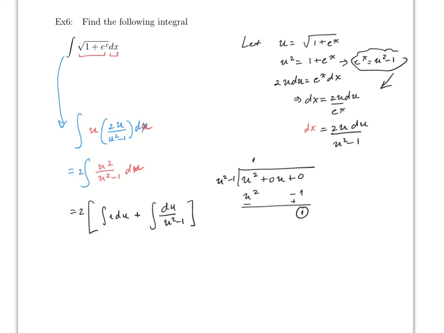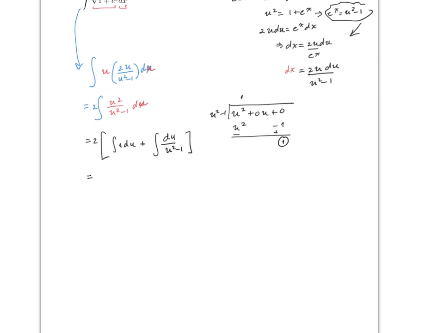Well, clearly, the first one is straightforward. This will be just 2u plus, this one you have to use partial fractions, and you need to break down 1 over u squared minus 1 as A over u minus 1 plus B over u plus 1.